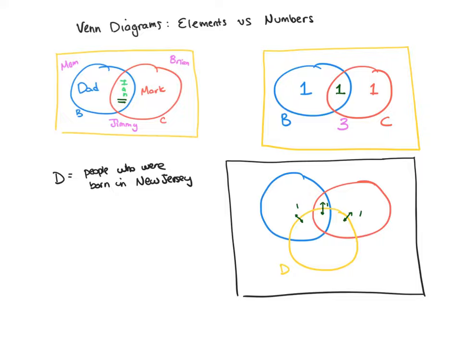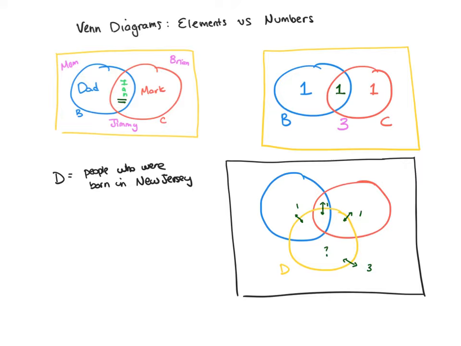Right, so because that 1 can't be split, it can't be a half and a half, I have to tell you where that person is. And if I don't tell you, then you won't be able to figure it out. I also need to know how many people are here, right? Because I have this 3, and this 3 has to be split between these 2 regions.